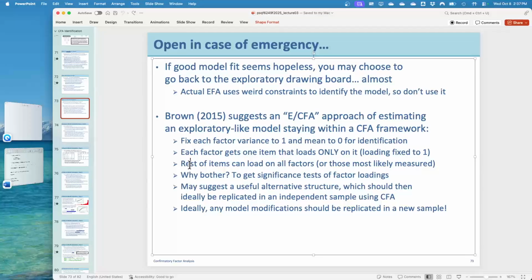Similarly, let me think of another way that this might work. Let's imagine I have a really good fitting scale. Let's say I have 2 dimensions and the model fits great. And I want to add maybe a new item or a new pair of items. You can do a similar approach there. You could say, let's just estimate both loadings.